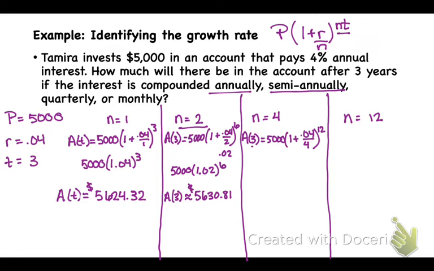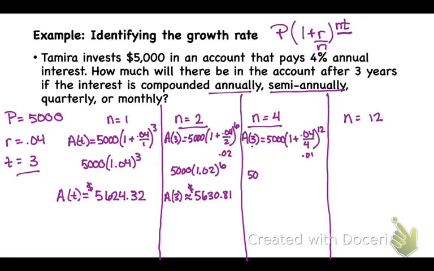Okay, right here we have T is 3, correct? Yes? And N is what? 4, and it's to the NT power. So N times T, 4 times 3. It's 12. So I can still divide 0.04 by 4 and get 0.01.